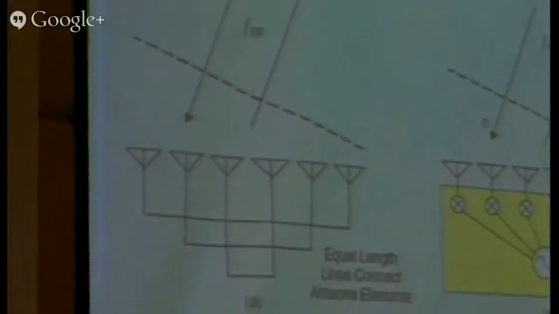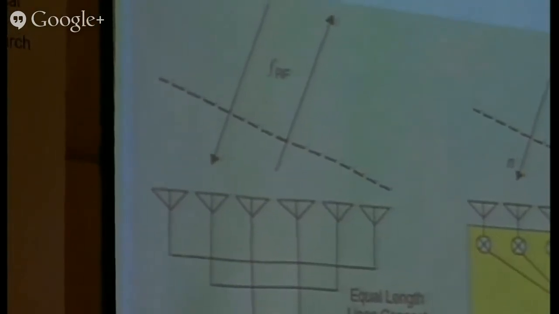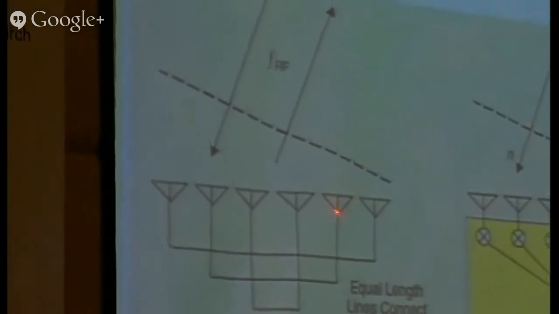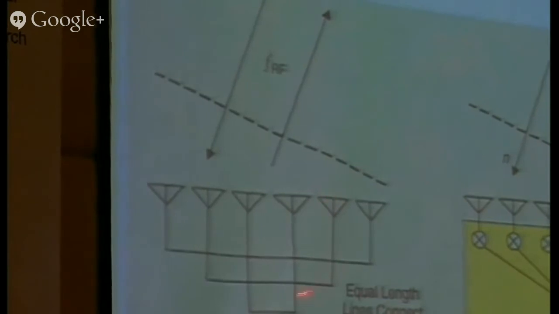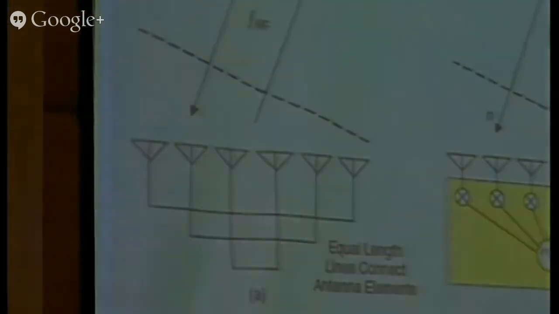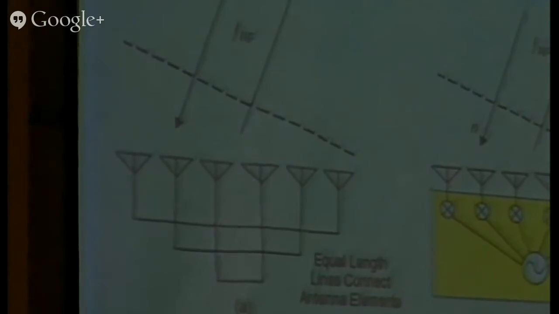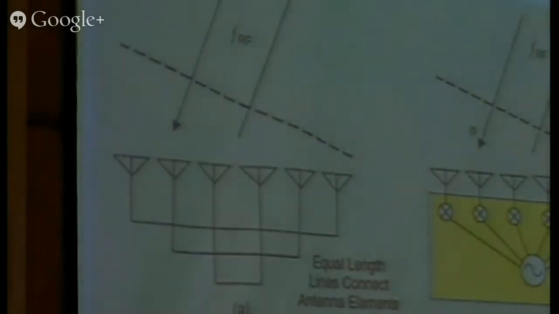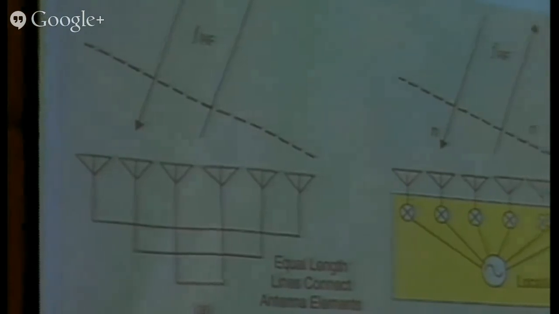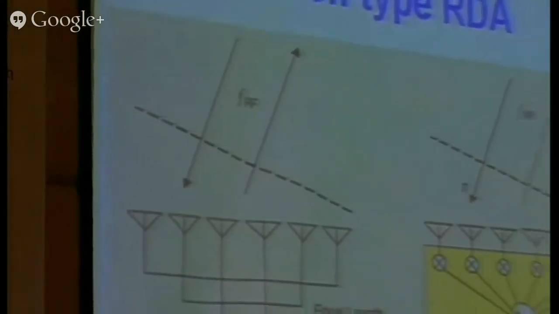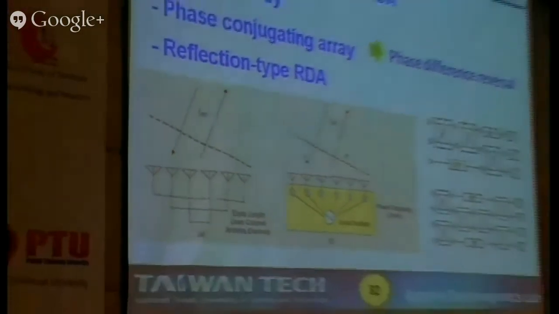That is, the phase received at the first antenna element should be transmitted from the last element, and the phase you received at the second element should be transmitted from the second last element. In this manner, you reverse your phase, and the incident signal will be retransmitted back to the same direction of arrival.